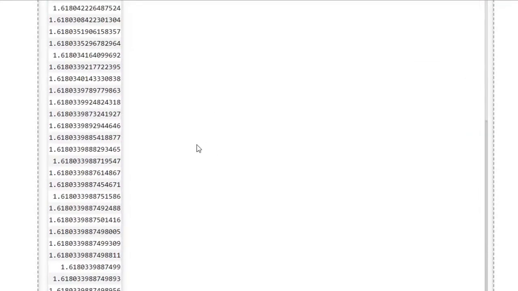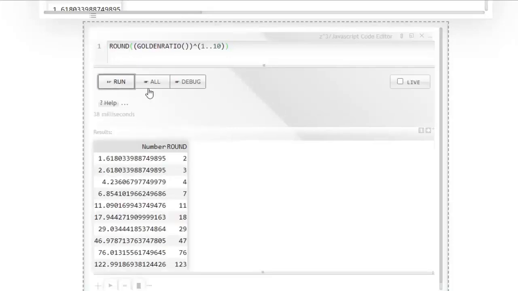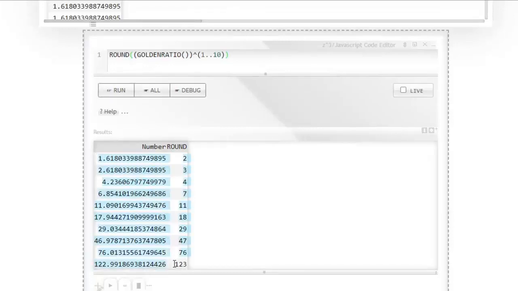Now there's something very interesting about the Lucas sequence. If you take the golden ratio and create the powers of the golden ratio, like the golden ratio to the power of 1, to the power of 2, to the power of 3, and so forth, and then round those numbers, on the left you are seeing the powers of the golden ratio.